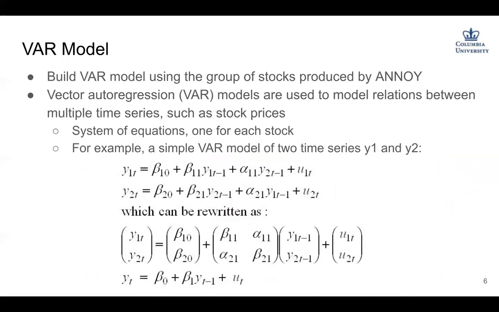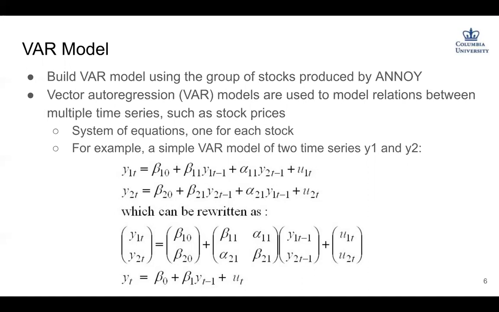After that, we built a vector autoregression, or VAR, model on the group of stocks produced by ANNOY. VAR models are used to model the relations between multiple time series, such as stock prices. They consist of a system of equations, one for each stock. For example, a simple VAR model of two time series, Y1 and Y2, would have two equations.